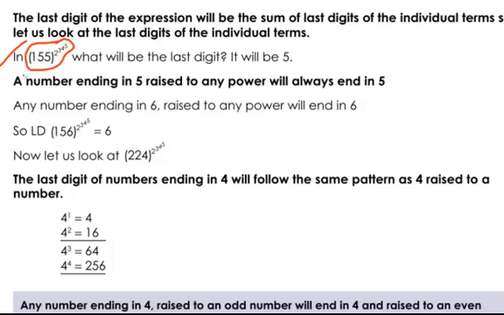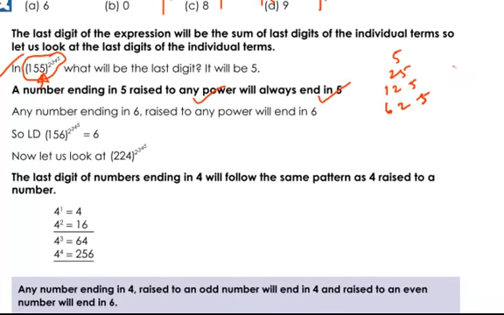We have seen this. The last digit of this would be the last digit of 5 raised to a number, right? And when 5 is raised to any power, it will always end in 5. 5, 25, 125, 625. Remember, we have seen this.